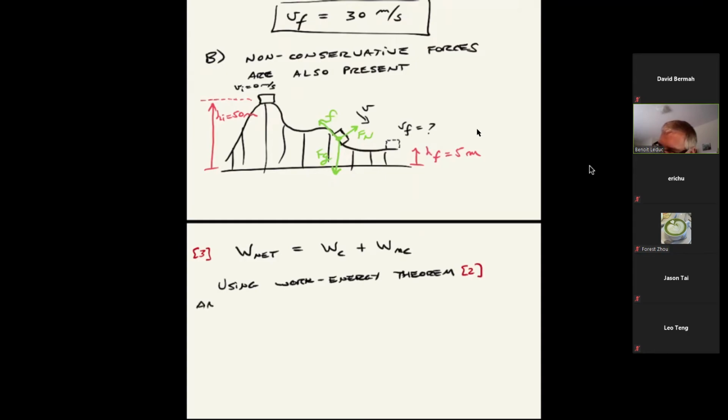And comparing 2 and 3, we get the following. So we're going to get this.